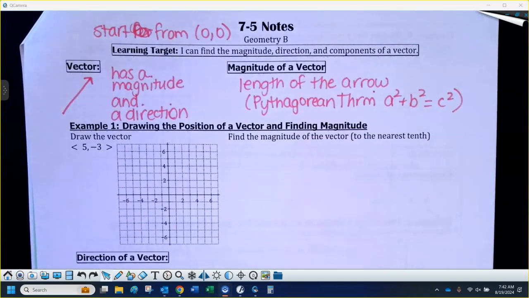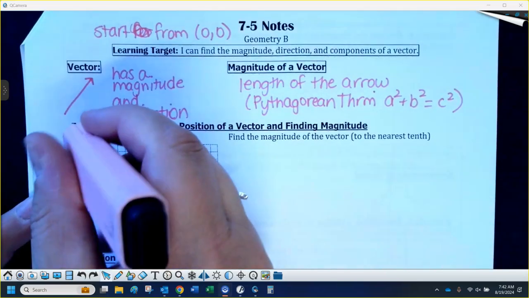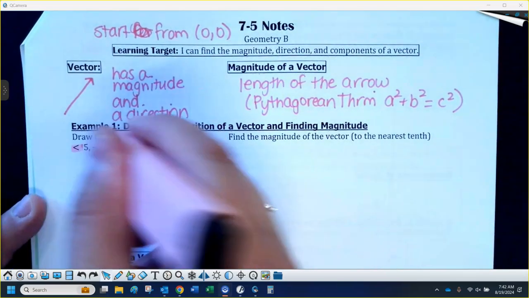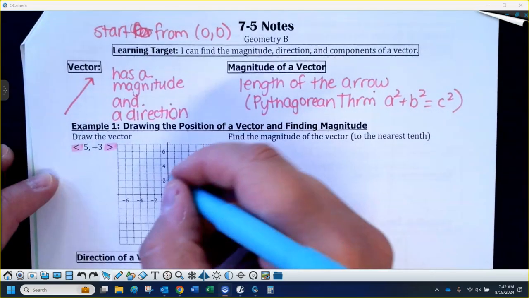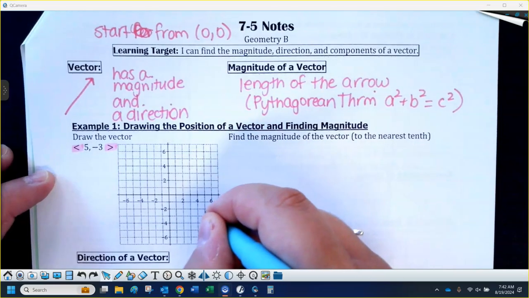All right, so in this first question, we're just going to draw a vector. Whenever you have a vector, this is how they write it. It sort of looks like a coordinate point, but instead of parentheses, it has these little symbols that look like a greater than and a less than symbol. That's how you indicate that it's a vector. All you have to do is find that point on the graph. So I'm going to go over 5, down 3.